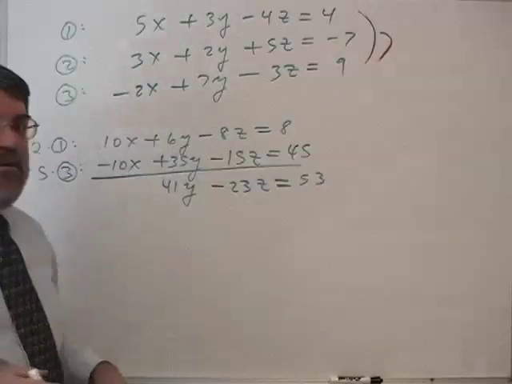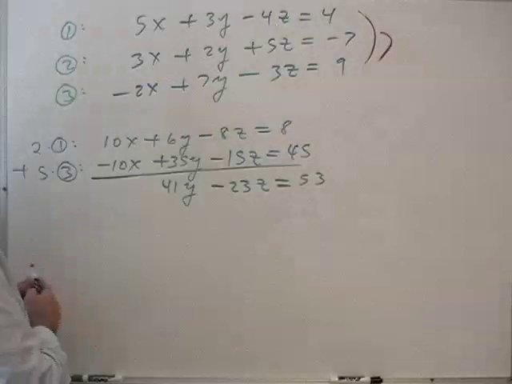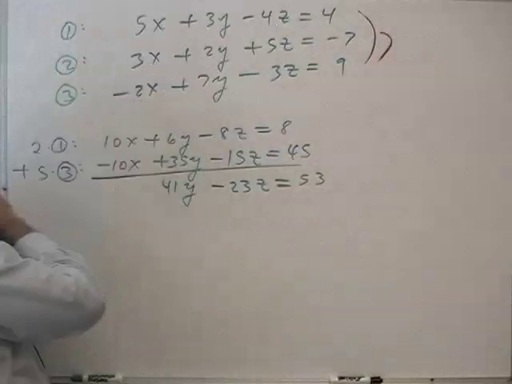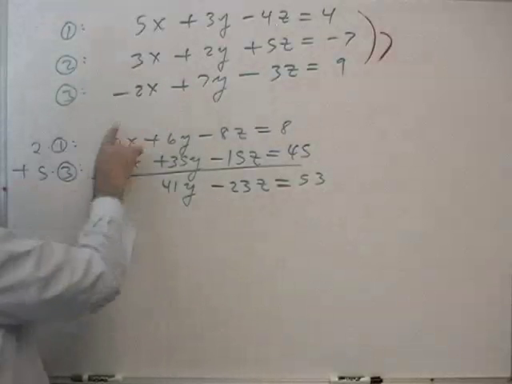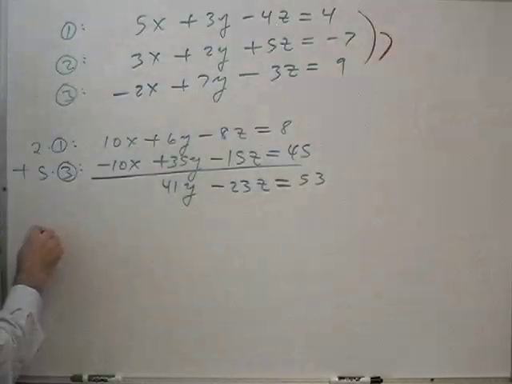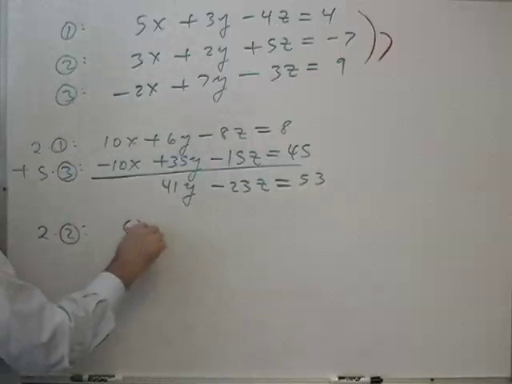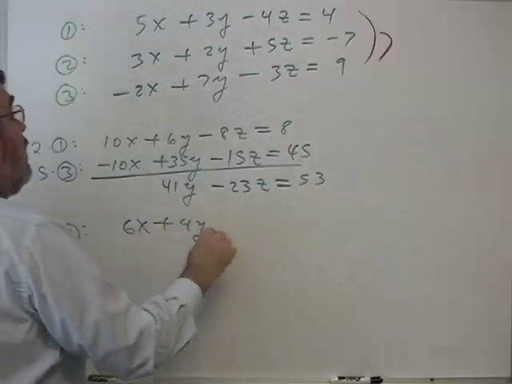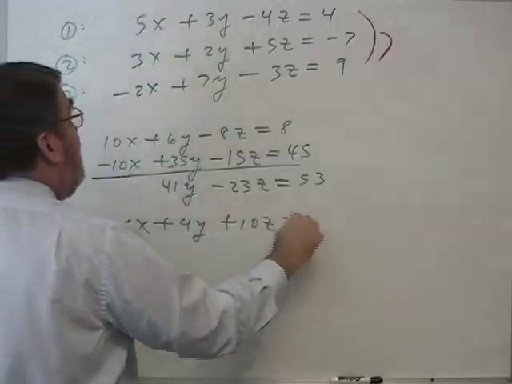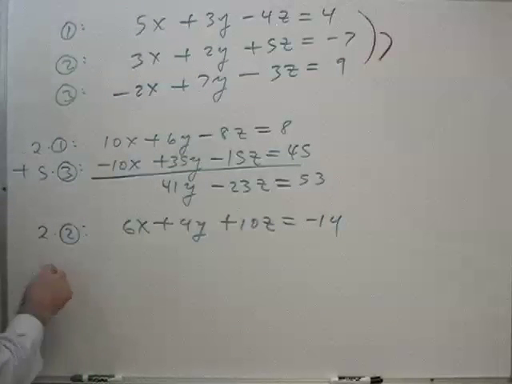And remember, to solve these, you have to use all 3 equations somehow. So what will we do? Well, 3 and 2, we'll turn that into 6. So I'm going to multiply this equation by 2. So 2 times equation 2 gives me 6x plus 4y plus 10z equals negative 14. And then I'm going to add 3 times equation 3.